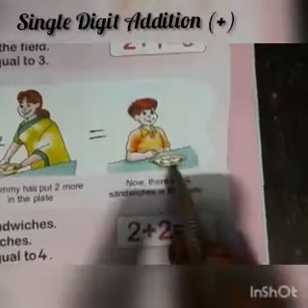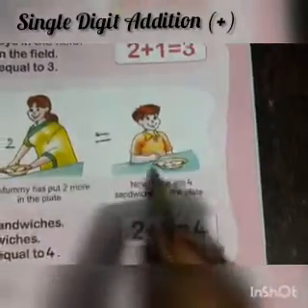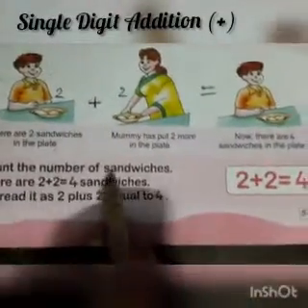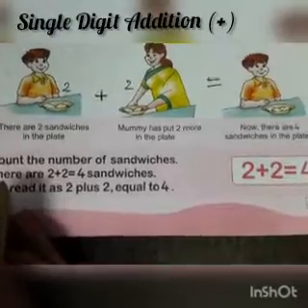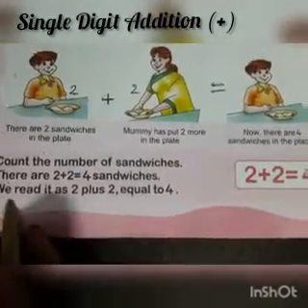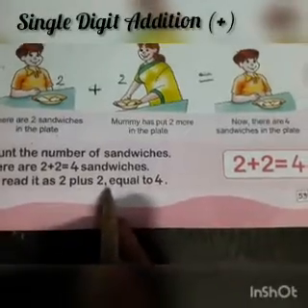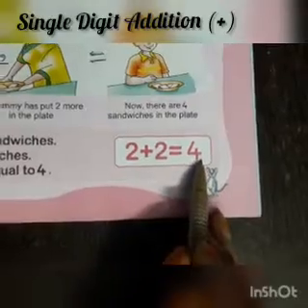Now this boy has 4 sandwiches on the plate. So this is the addition. And there are 2 plus 2 equal to 4 sandwiches. We read it as 2 plus 2 equal to 4. See, it is written here: 2 plus 2 equal to 4.